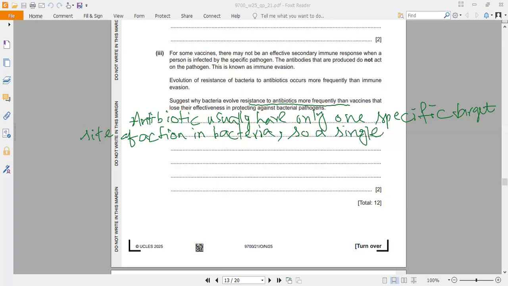So a single mutation can provide resistance.